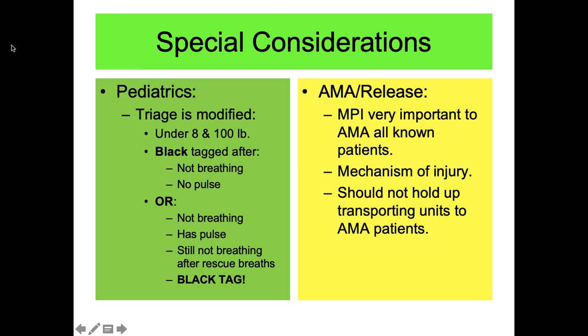So to go over this again, for pediatrics under 8 and under 100 pounds, if they're not breathing, you open the airway, they're still not breathing, they have no pulse, then they get black tagged. If the person has a pulse but is not breathing even after your rescue breaths, then they are black tagged and considered to be non-salvageable.